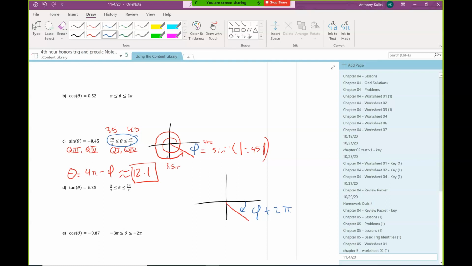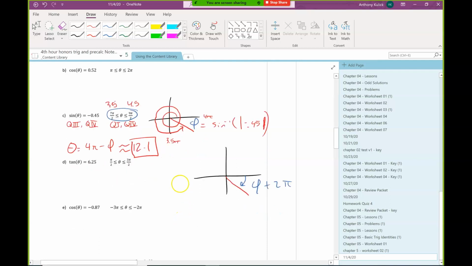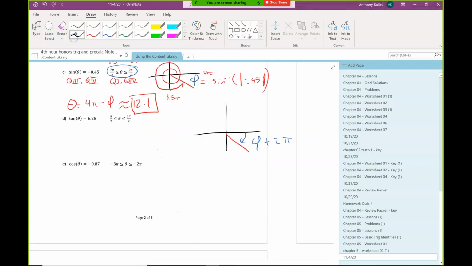Okay. So cosine is negative in quadrants 2 and 3. And then negative 3 pi to negative 2 pi. Since it's negative, we're going the other way. So here's negative 1 pi, there's negative 2 pi, and here's negative 3 pi. Okay with that?